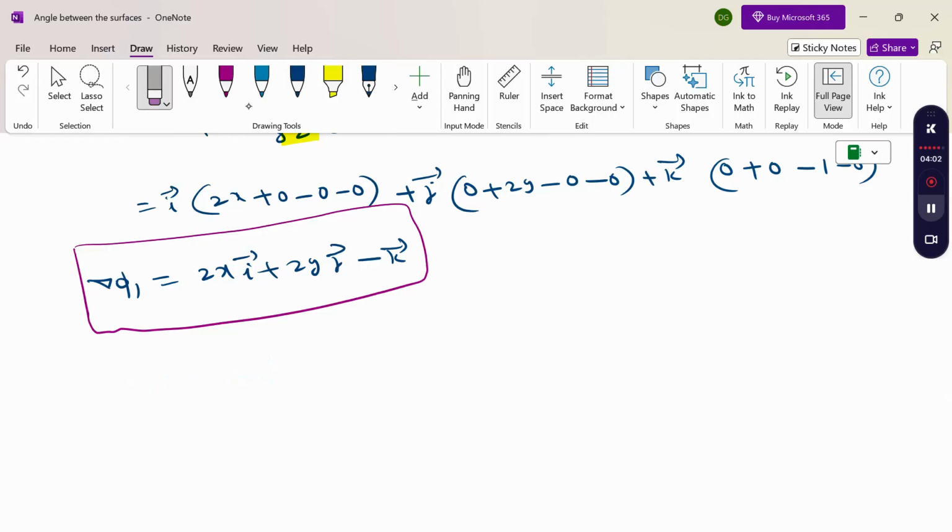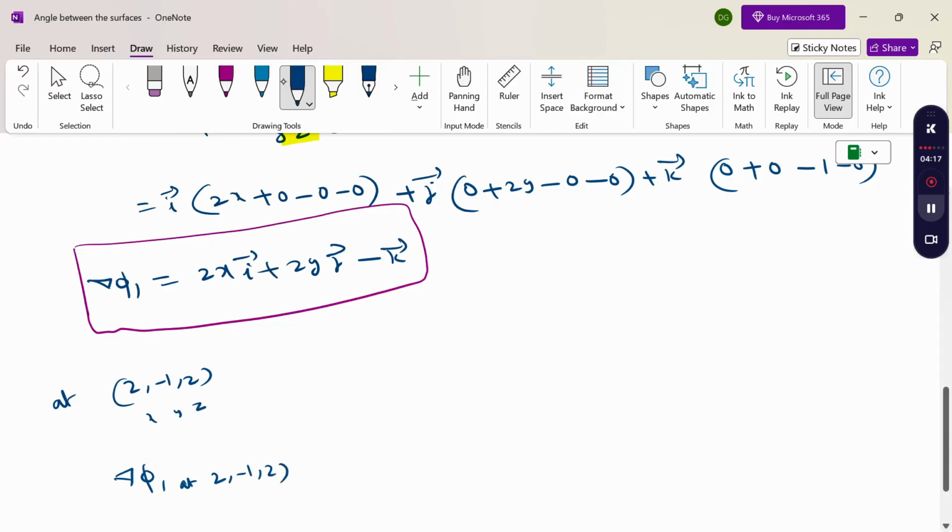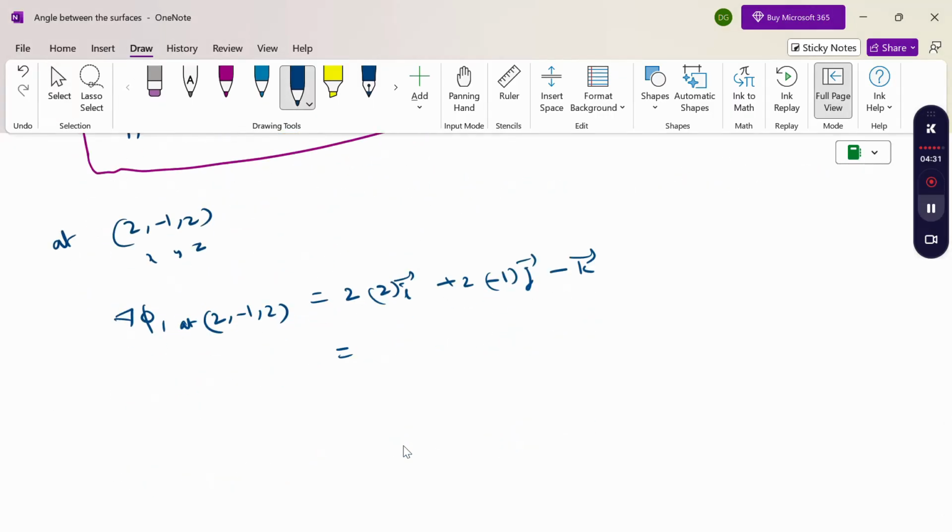The given point is (2, -1, 2), with x, y, z values. So del phi 1 at the point (2, -1, 2): 2 into 2 i vector plus 2 into minus 1 j vector minus k vector, which is 4i vector minus 2j vector minus k vector.